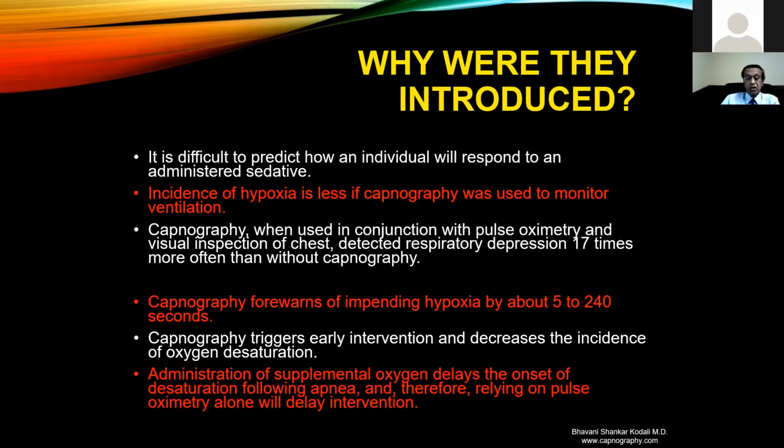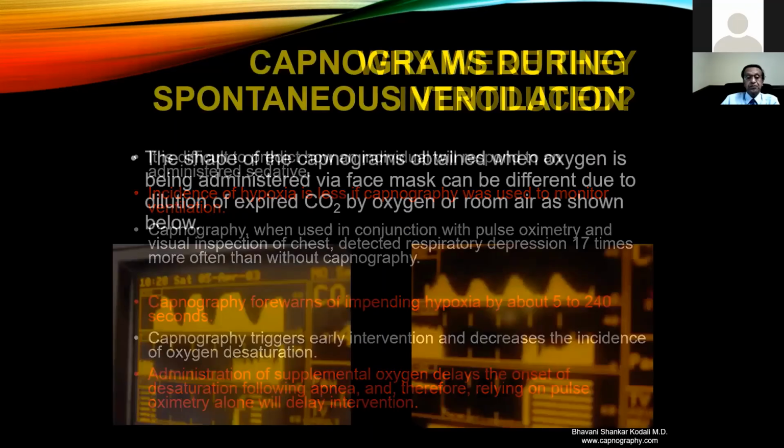As anesthesiologists, we see this all the time. And administration of supplemental oxygen delays the onset of desaturation following apnea. Therefore, relying on pulse oximetry alone will delay intervention. This is one of the important points to remember when you administer oxygen during sedation.